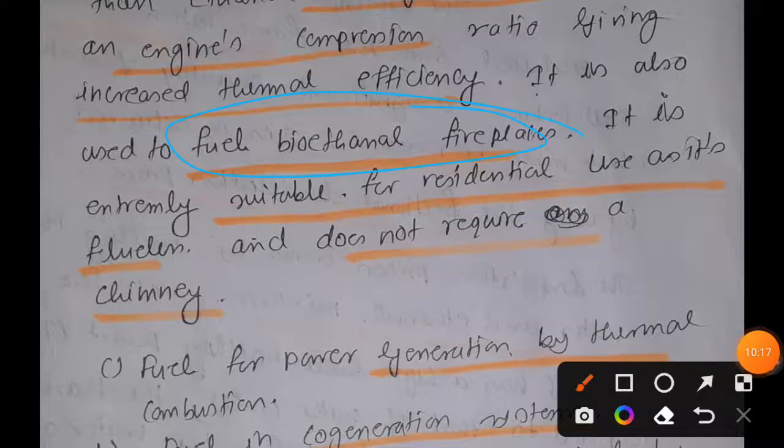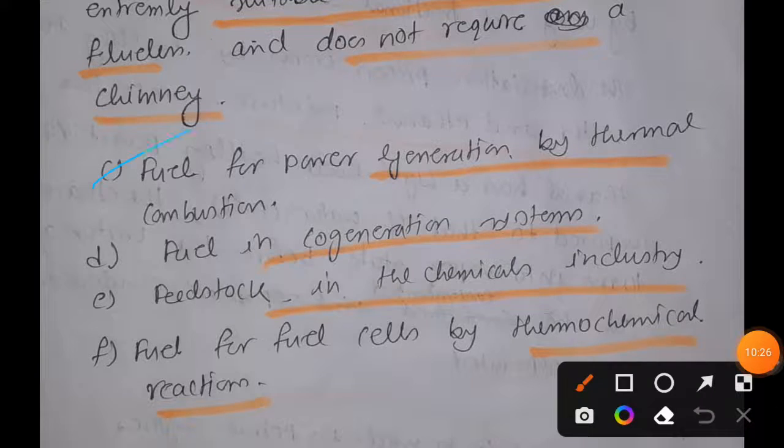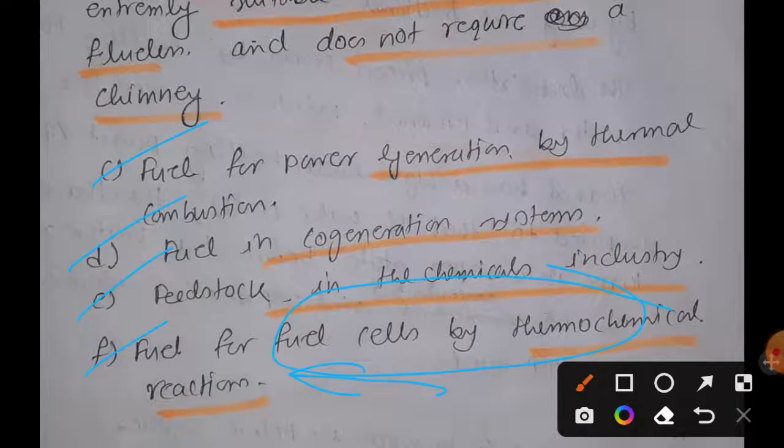It is extremely suitable for residential use as it is flueless and does not require any kind of chimney. It is also used as fuel for power generation by thermal combustion, fuel in cogeneration systems, feedstock in the chemical industry, and fuel for fuel cells by thermochemical reaction. All these things can be done with the help of this biofuel named bioethanol.